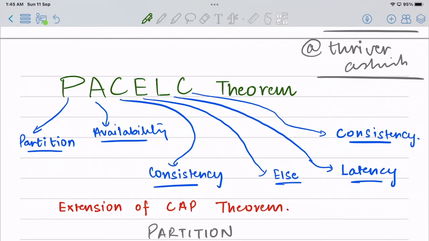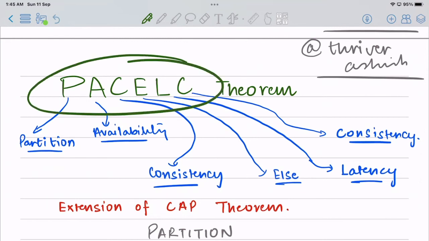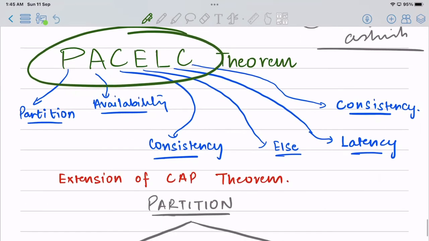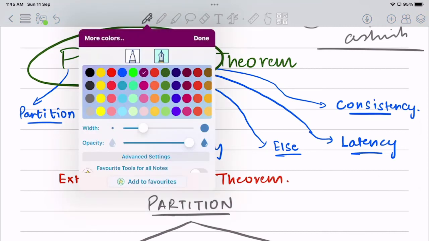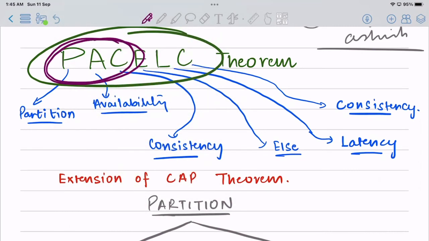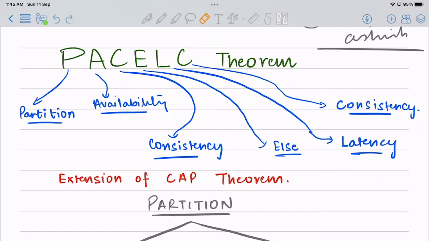So I think this theorem is an extension of that. So here, if you can see this, PAC, okay, this is the same CAP. Just reverse it, like this is CAP, and here this will be the same: partition, availability, consistency.